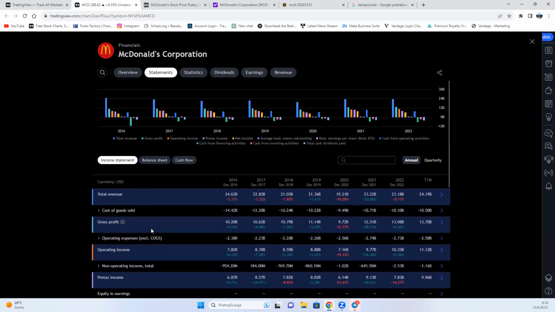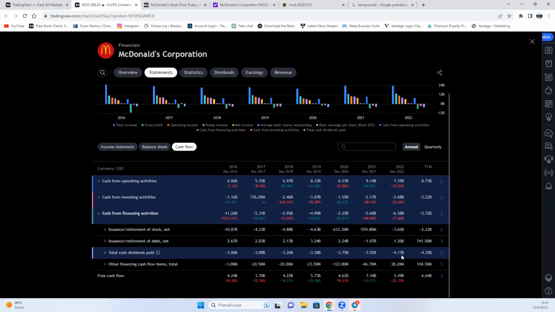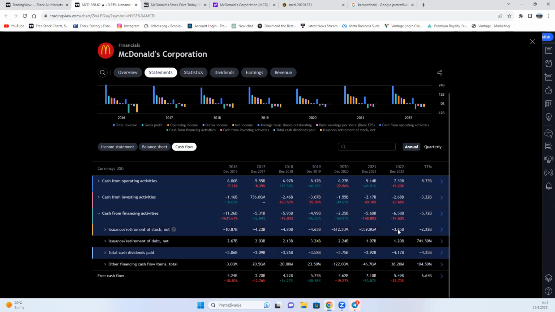And Chris, to buy back his shares, last year he spent around $3.65 billion. So what Chris is doing, he is spending a significant amount of money to buy back his shares. And why is that significant? Because dear Chris has got a revenue of $7.39 billion.